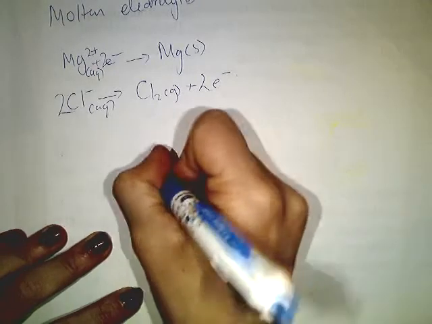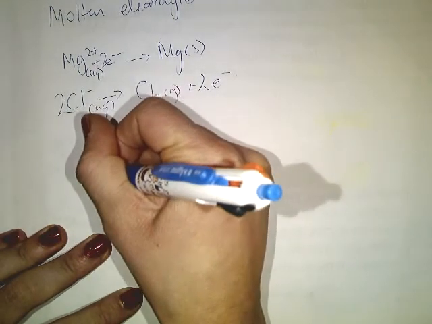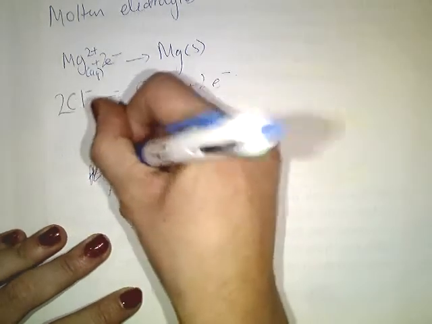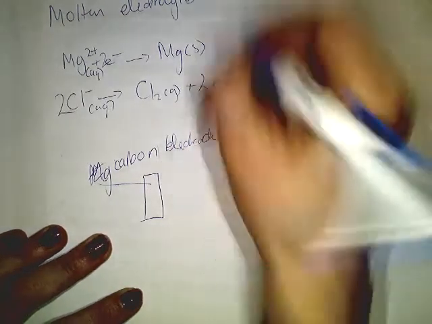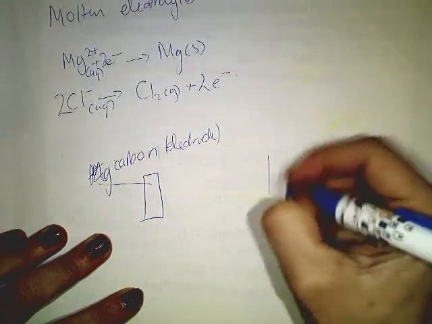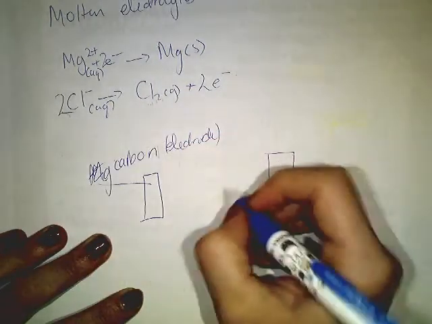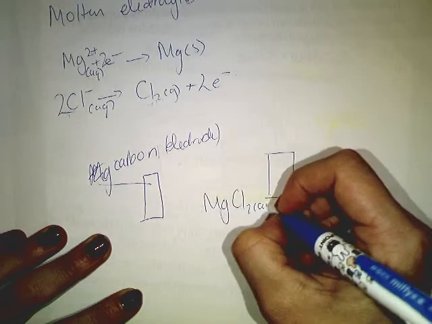So we might want to have something like this, magnesium, Mg, even if you've got inert carbon, even cheaper, carbon electrode. Then on the other side, you need to put in chloride. So basically inside we just have magnesium chloride in the aqueous state.